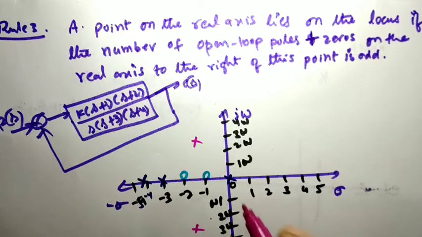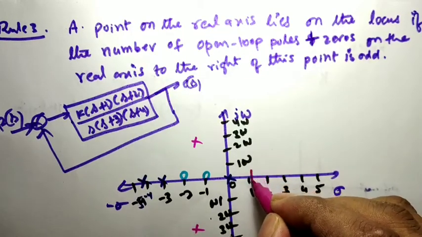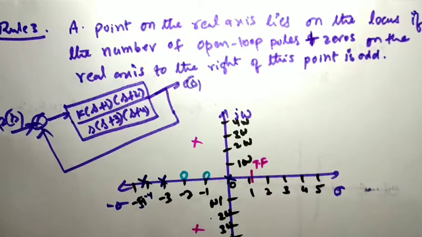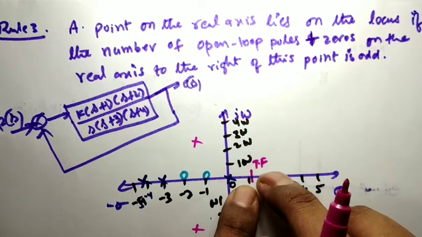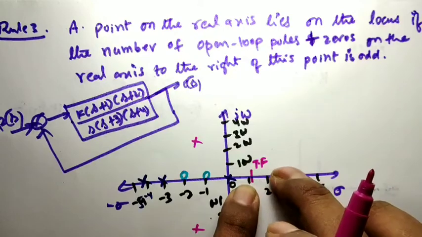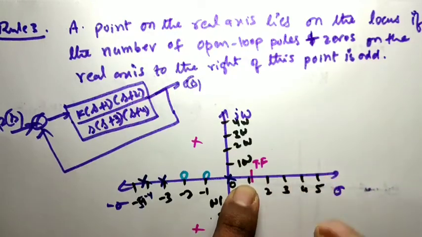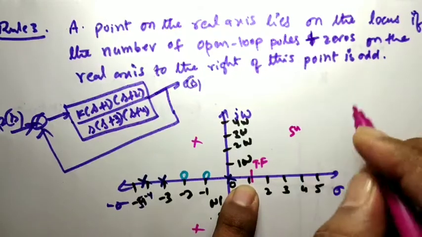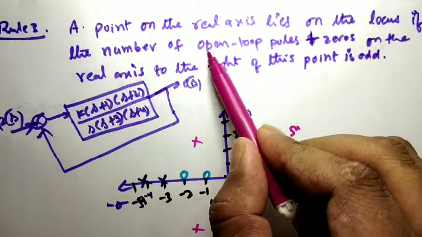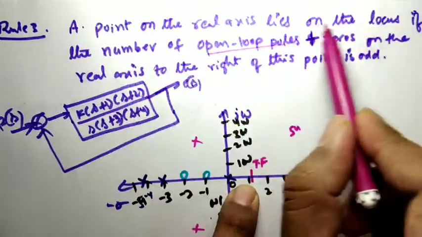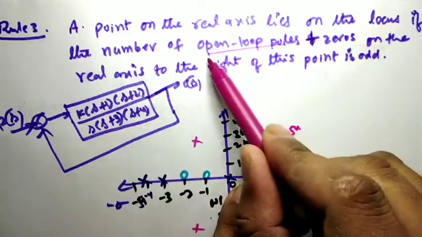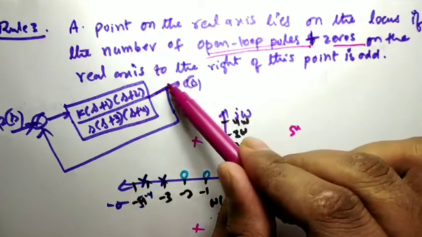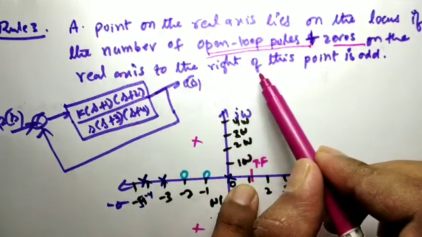If you take a test point here, this is called a test point. To the right side of this test point, we check the sum of the open loop poles plus zeros on the real axis to the right of this point.